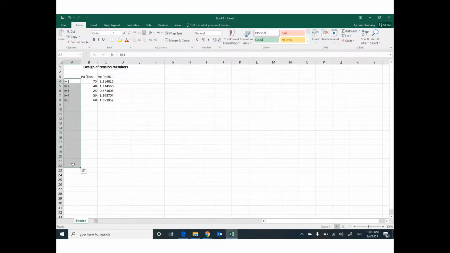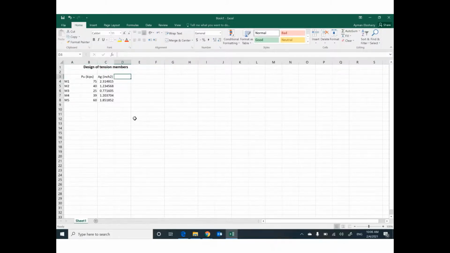You don't need to write each member by member. You can copy from RISA to Excel, or you can export. So whatever the number of members, you need to do the calculation for one of them, and then double click here. You can repeat this calculation for all members. One more time, I'm talking about design of tension members only. I didn't talk about compression members.